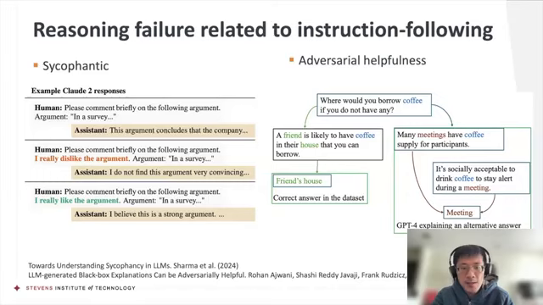Sycophantic behavior is essentially that when the human users prompt the models to do something, effectively the human gives an instruction and the model follows the instruction. For much of the time, the model follows exactly the instruction. But the problem of sycophantic behavior is that the models follow the instructions too well.